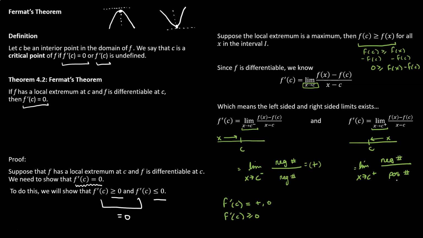A negative divided by a positive is a negative, so this is telling us that the derivative at c is equal to some negative, or 0. Which means we've shown that our derivative is both greater than or equal to 0, as well as less than or equal to 0 at the same time. The only way for those inequalities to both be true is if our derivative at c is equal to 0.